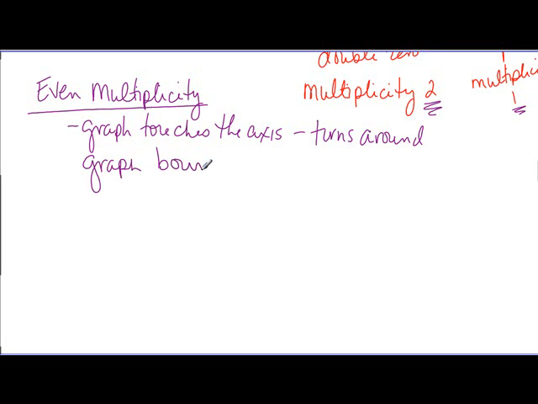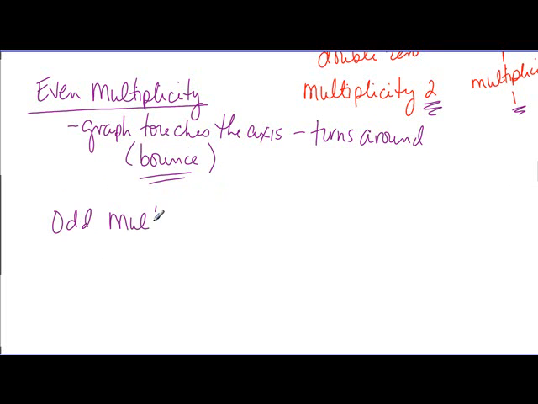Or let's just call that a bounce. If you have odd multiplicity, the graph will cross the axis. Every time.